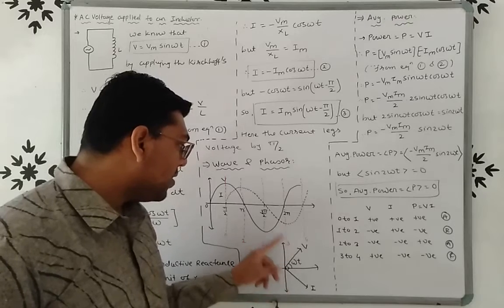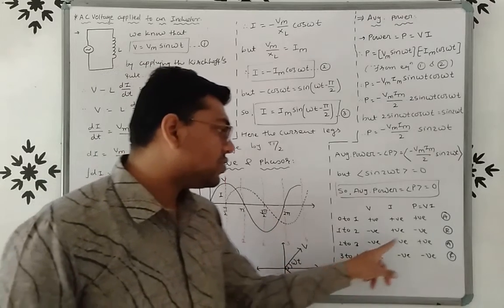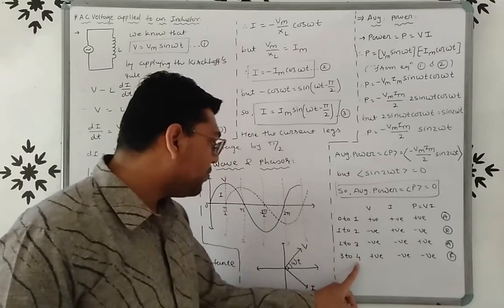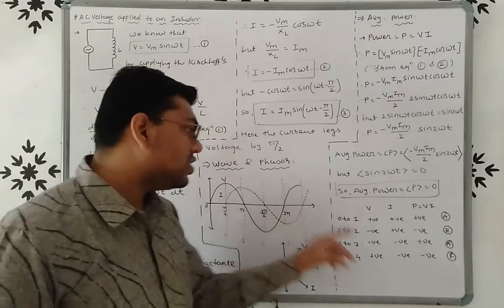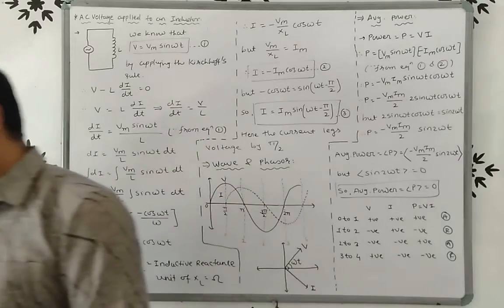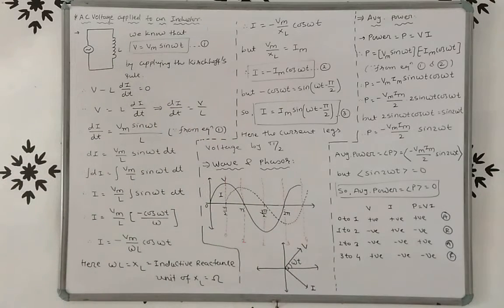From 2 to 3, voltage and current both negative, so product positive, so energy absorbed. And from 3 to 4, current negative, voltage positive, so product negative, so energy returned. So this is the cycle, right? From 0 to 1, 1 to 2, 2 to 3 and 3 to 4. So these are the facts about when AC voltage is applied to an inductor, right?